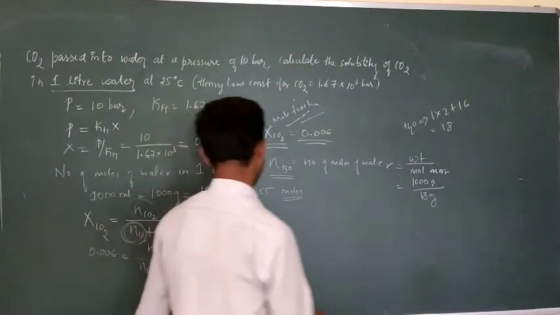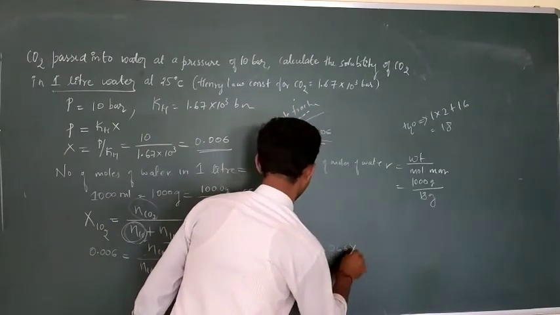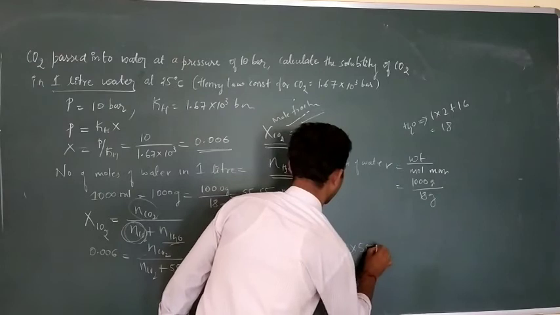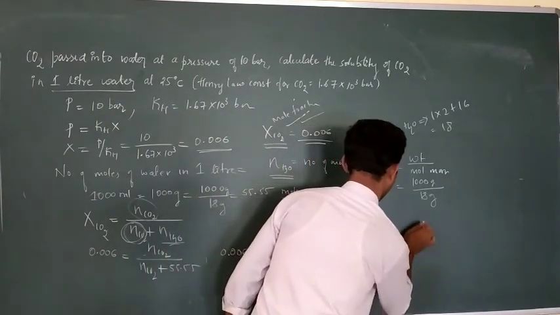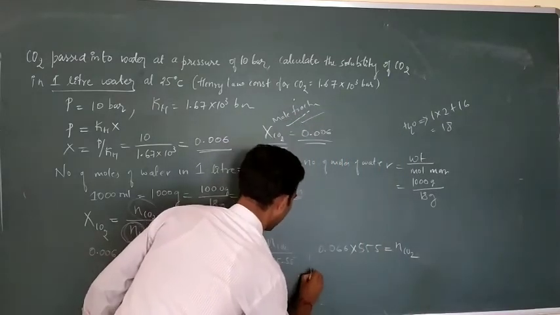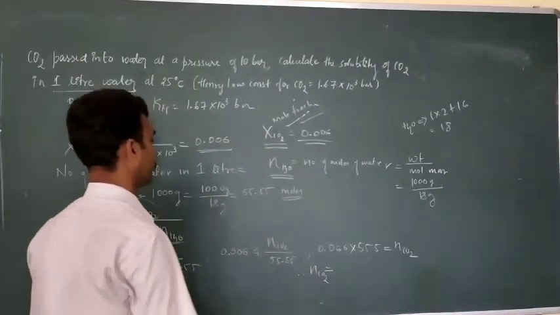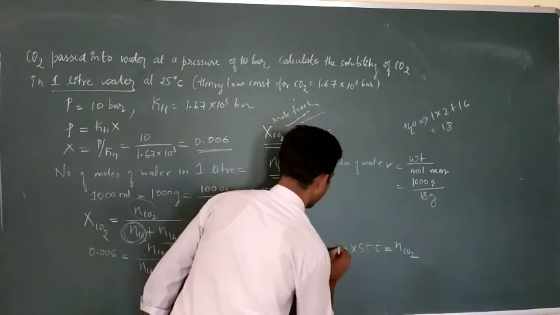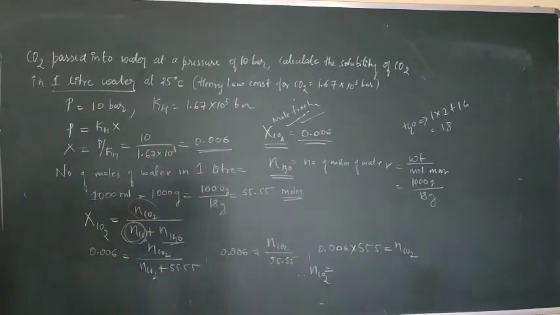So now you can rewrite it: 0.006 into 55.55 is equal to the number of moles of carbon dioxide. Therefore the number of moles of carbon dioxide is equal to 0.006 into 55.5.